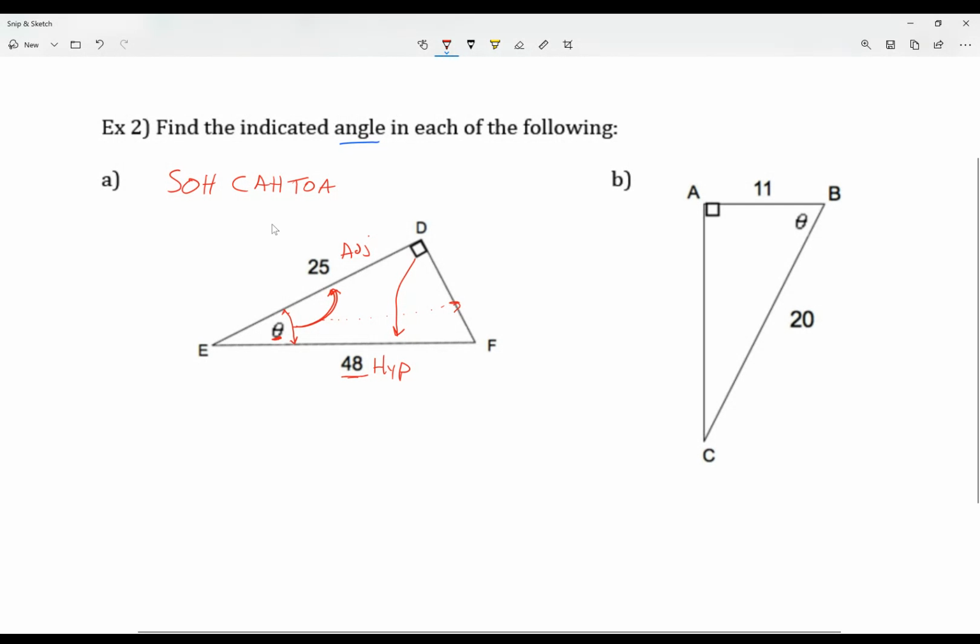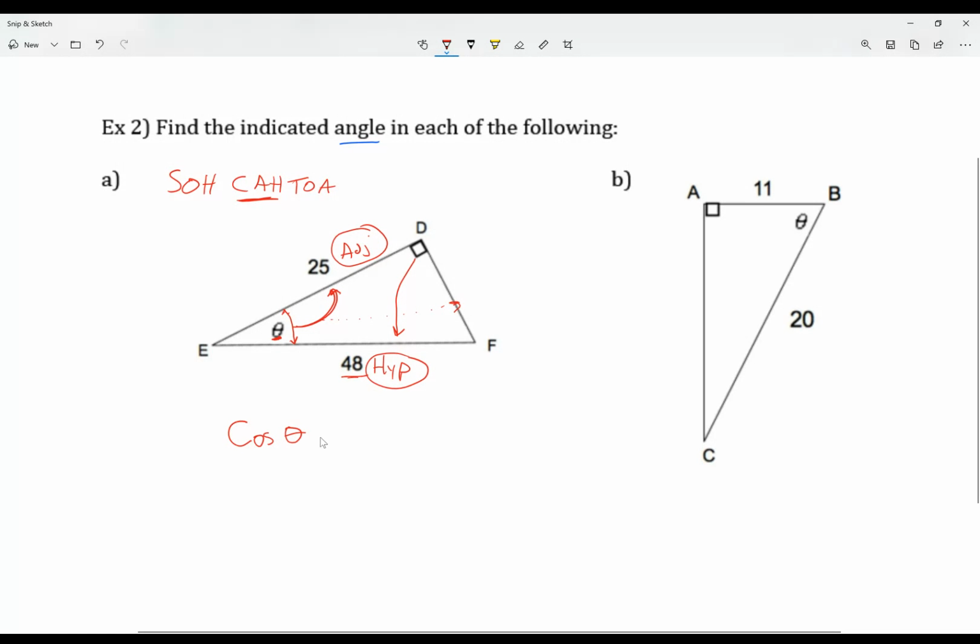And so we look at SOHCAHTOA and we're dealing with the adjacent side and the hypotenuse, which means I'm going to use cosine. Because cos is the adjacent divided by the hypotenuse. So I'm going to set this up as this. The cos of theta, so your angle always goes beside sine, cos, or tan.